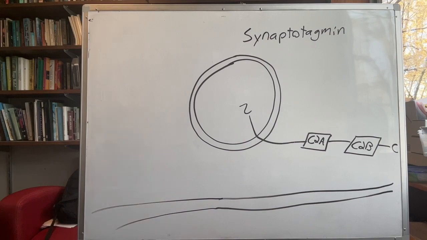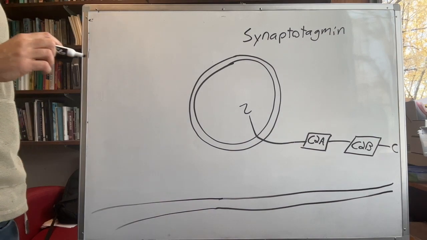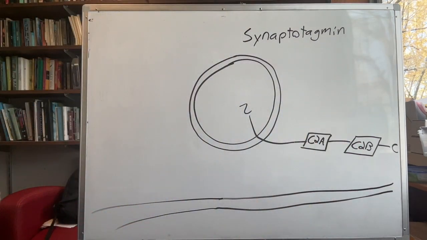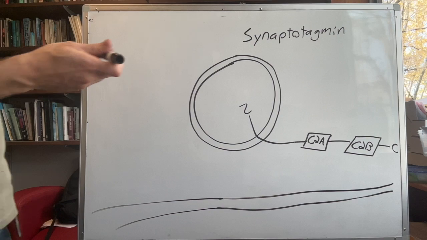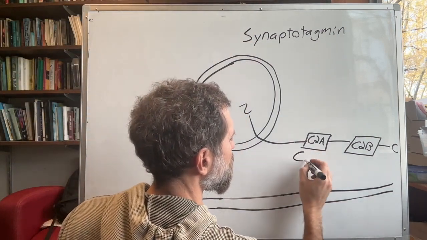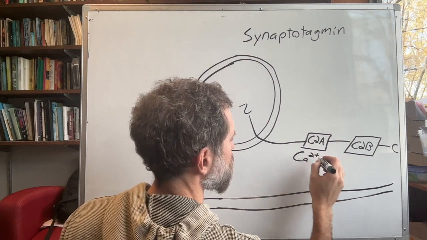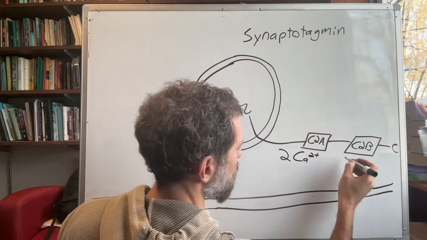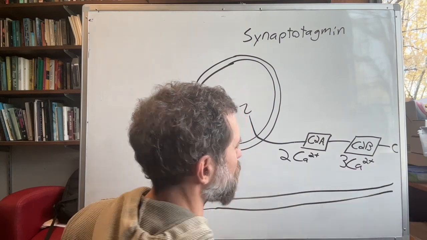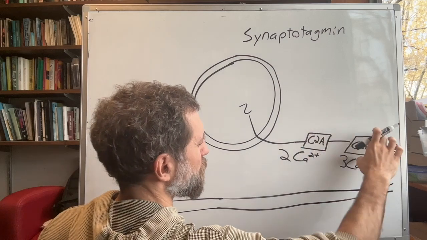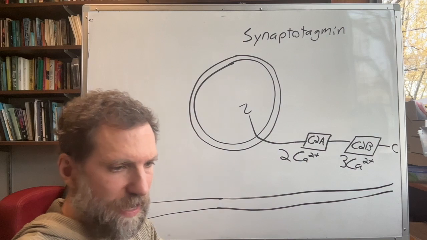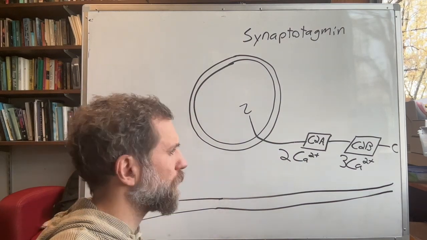Now, what's interesting about these domains, C2A and C2B, they have a strong affinity for calcium ions. C2A attracts 2 calcium ions, and C2B attracts and binds 3. So they're able to bind a net of 5 calcium ions.